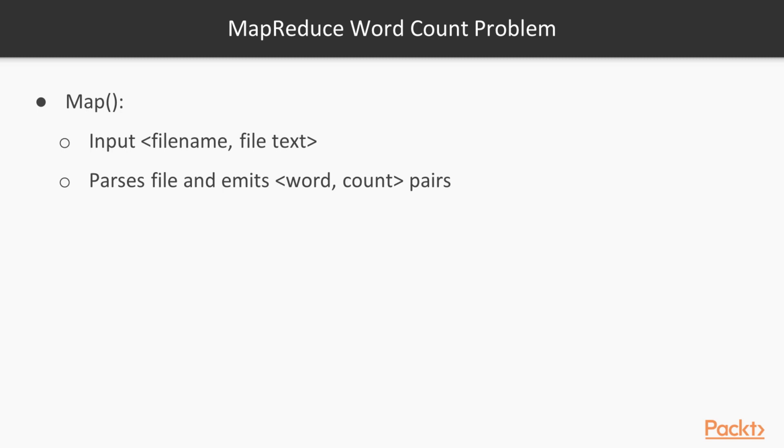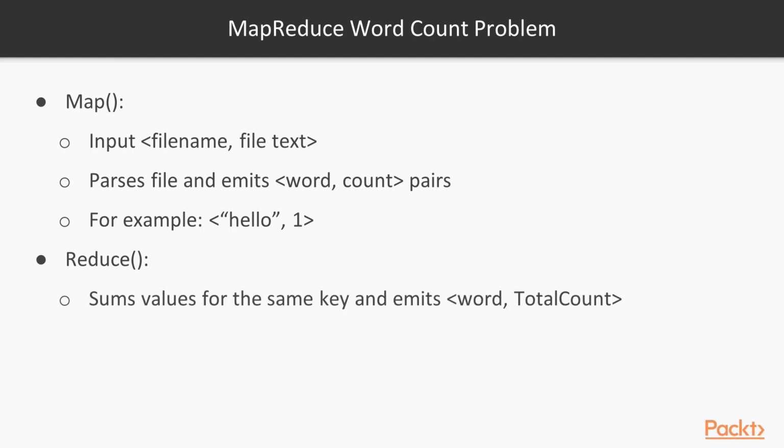In the first phase, the map phase, the count will be equal to 1. Then the reduce phase takes all tuples and sums all tuples with the same word as the first element in the tuple. So hello, for example, will be summed with 3, 5, 2, 7 and the result will be 17. So this is the problem statement and how MapReduce approaches it.